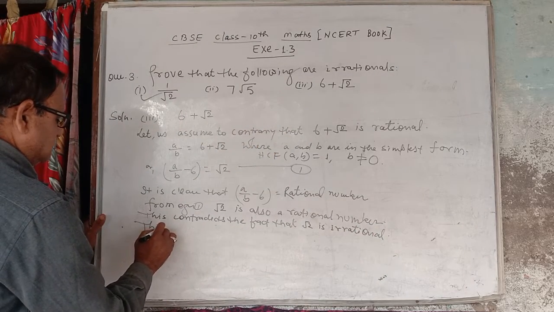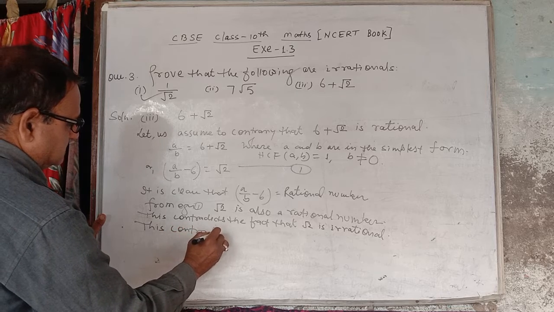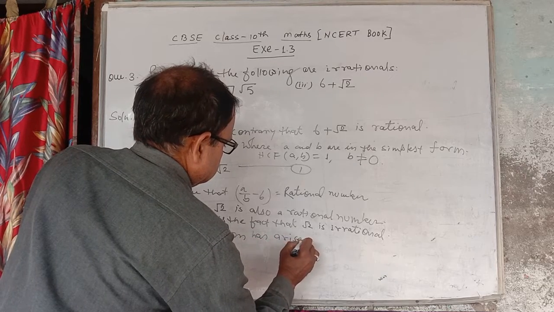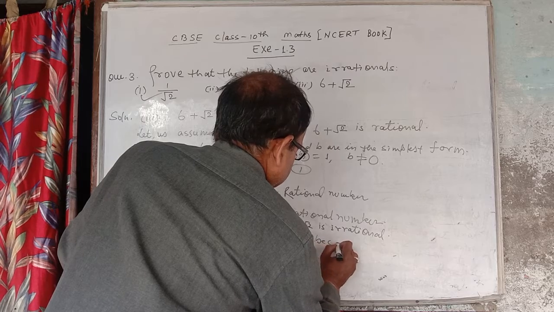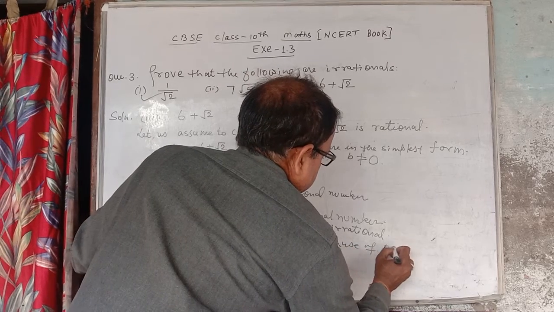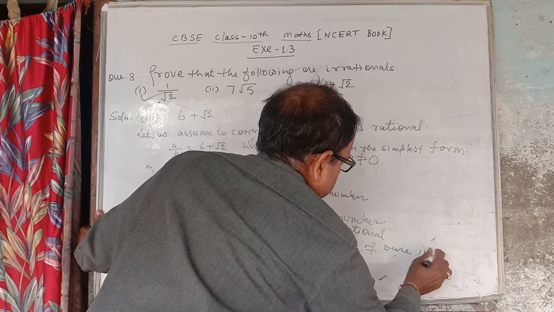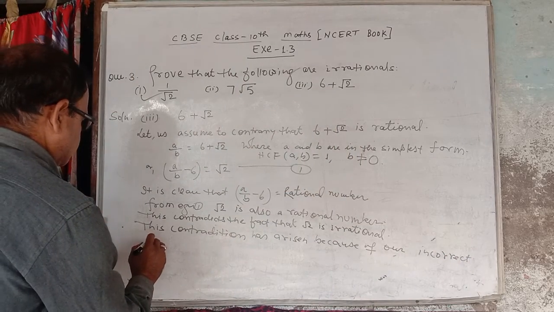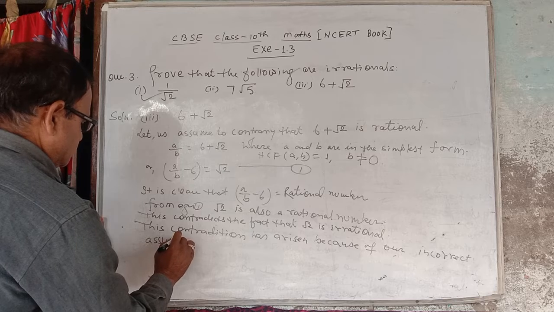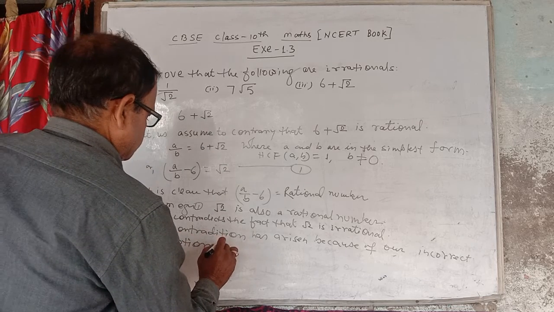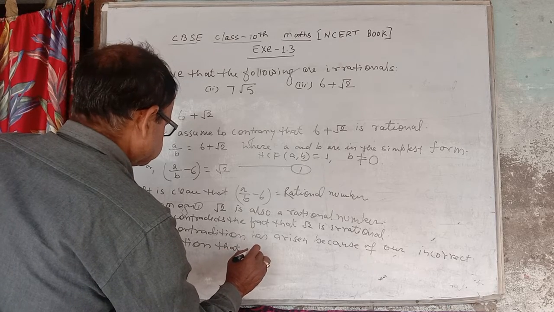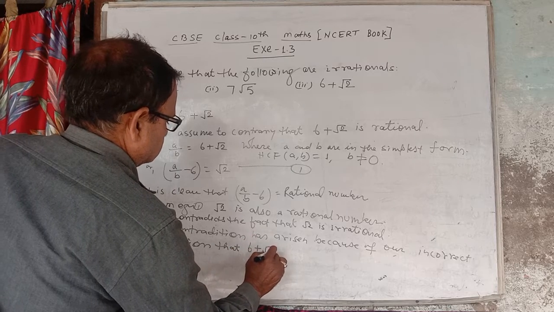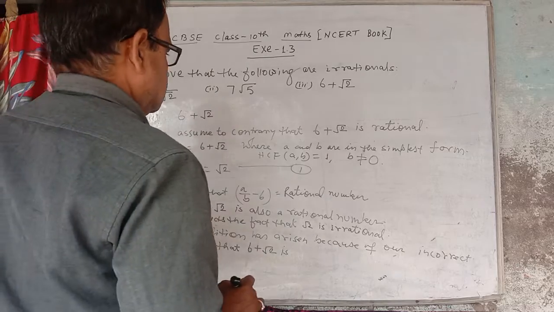This contradiction has a reason because of our incorrect assumption, that is, that 6 plus root 2 is rational.